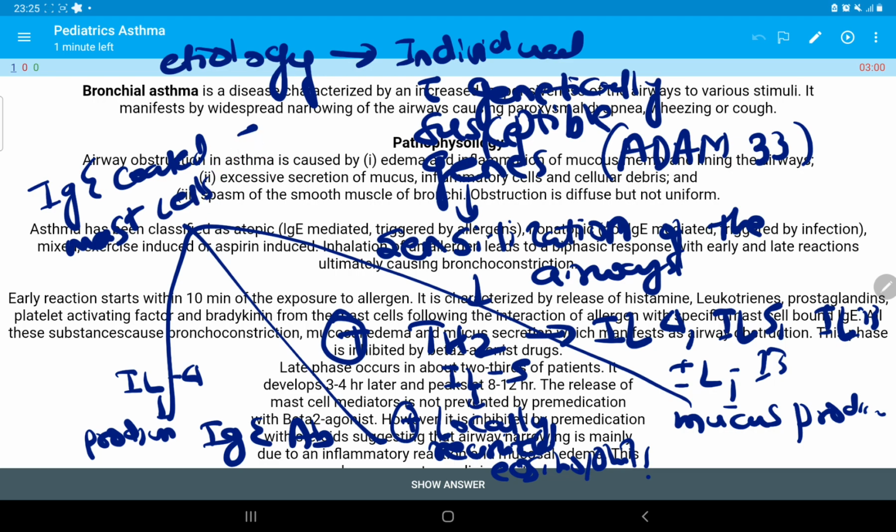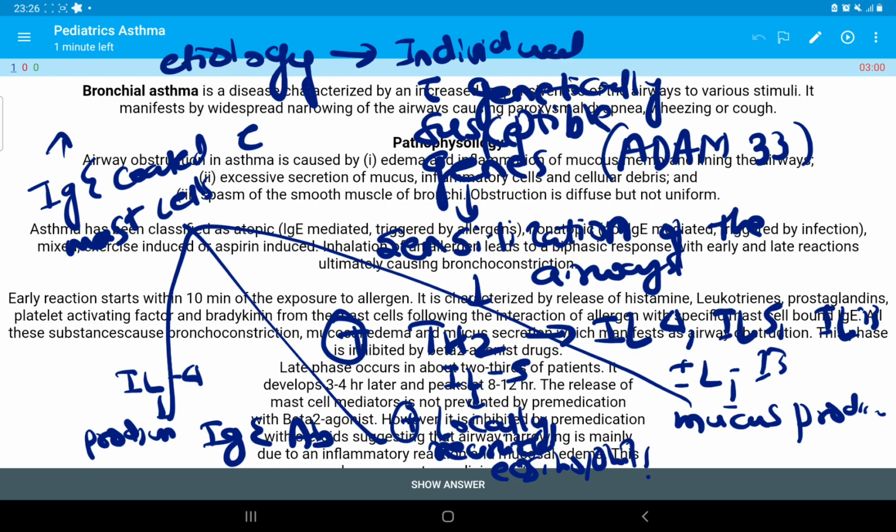When there is repeated exposure, there will be degranulation of the mast cells, causing release of granule contents and release of cytokines again. When this happens, there will be two phase reactions, early phase reactions and late phase reactions.